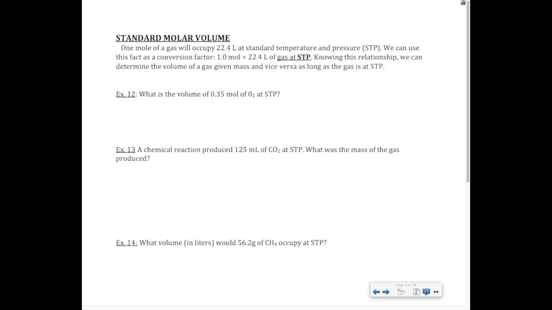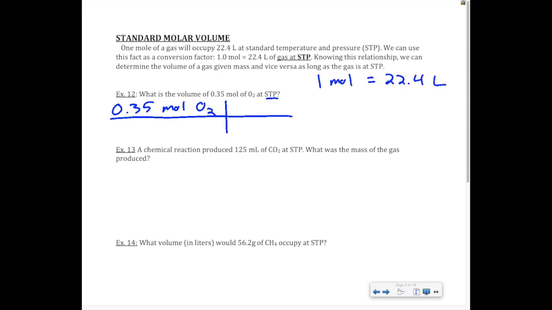Example 12 says, what is the volume of 0.35 moles of O2 at STP? Since it is at STP, I can just use 0.35 moles of O2 and convert it. My conversion factor right here, remember that 1 mole of any gas is 22.4 liters.